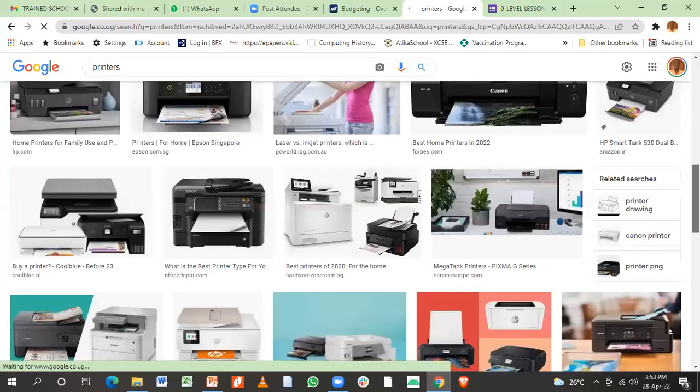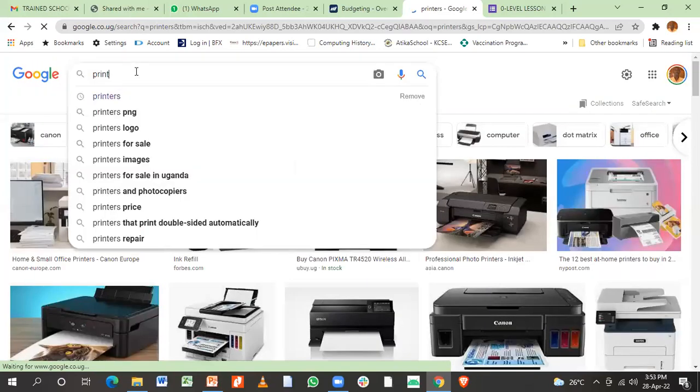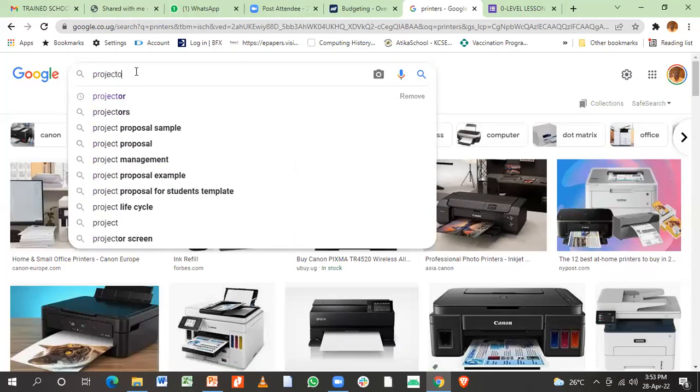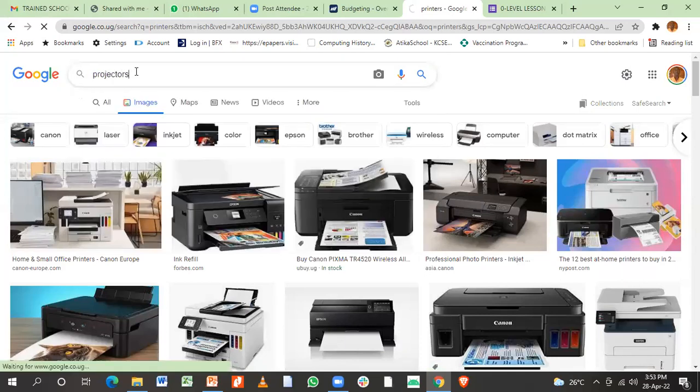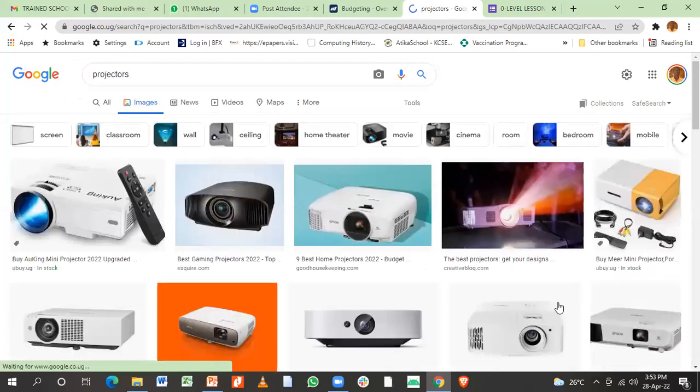Any of these could be used in your computer lab, or in the office where you visit the secretaries. Someone mentioned projectors, and those are the projectors.